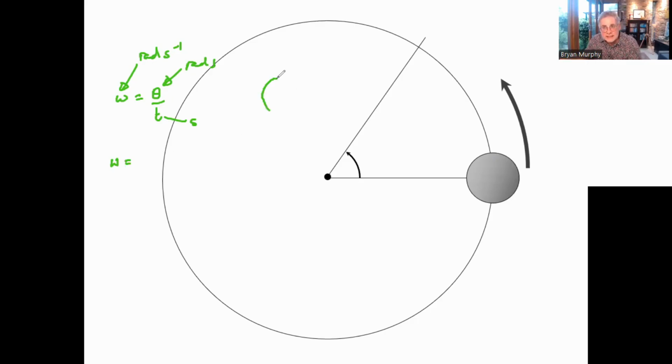So a second hand, you've got to think of it going round 1 complete revolution. You don't have to, but that's the easiest way of doing it. 1 revolution is 2 pi divided by how many seconds does it take to go around? It takes 60 seconds. So that is the angular velocity of a second hand.